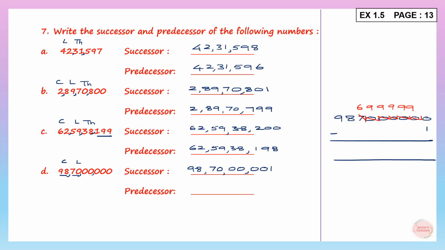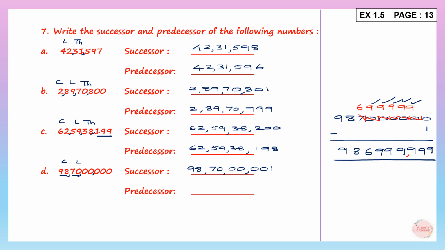Now let's subtract. So here we have 10 minus 1, which is 9. Then we have 9. So many 9s. So let's take it slowly. Then the next 9, then the next 9, then one more 9, again one 9. Then we have 6, 8 and 9. Now let's place the commas.